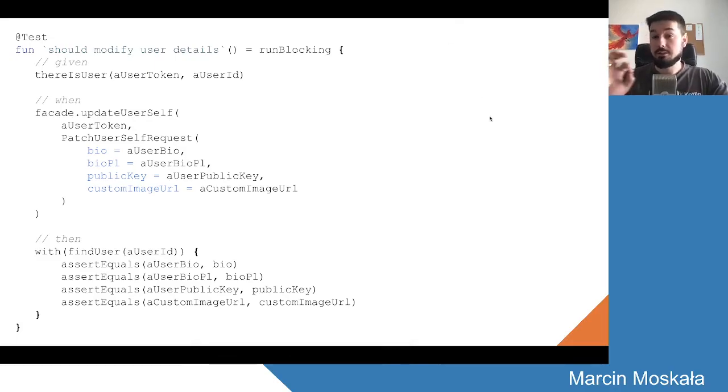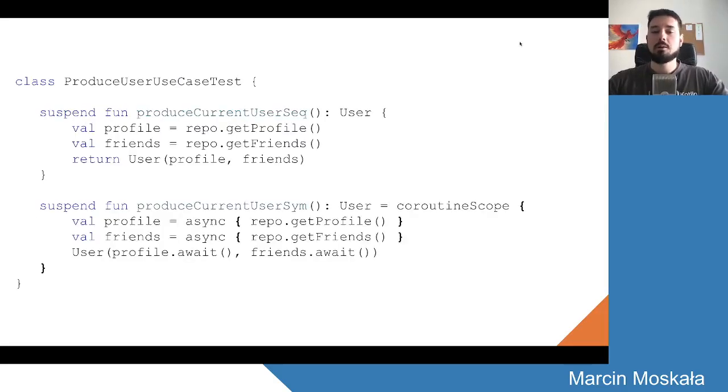So testing coroutines is easy, but even more, coroutines offer us great tools that we did not have before. For that, I want to show you one example. Here is a function you already know, and here's another function you already know. As I told you, those functions are identical in all ways except for one. Their behavior is absolutely identical. They create the same user the same way.